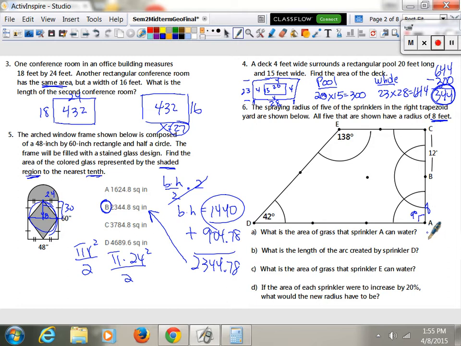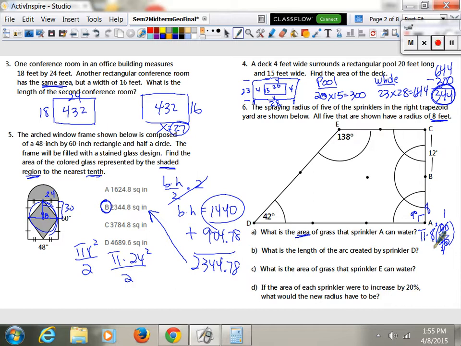To get this one, you're going to do pi r squared because we want area. So it's going to be pi times 8 squared, and then we want 90 out of 360. Our fraction is 90 out of 360, and we could reduce that to 1/4. So really, we want 1/4 of the entire circle.